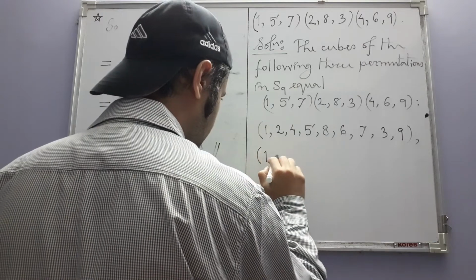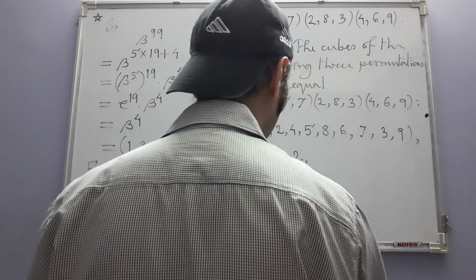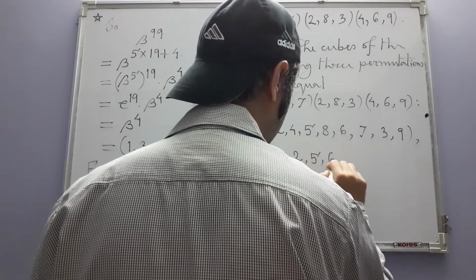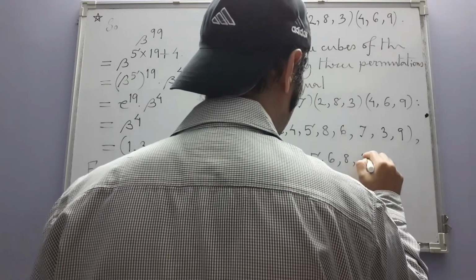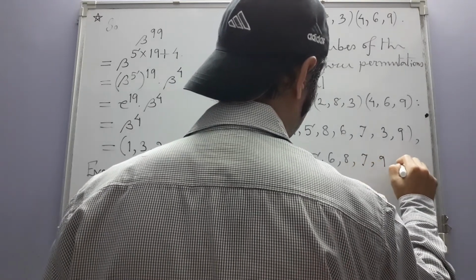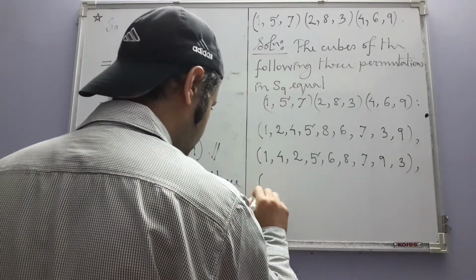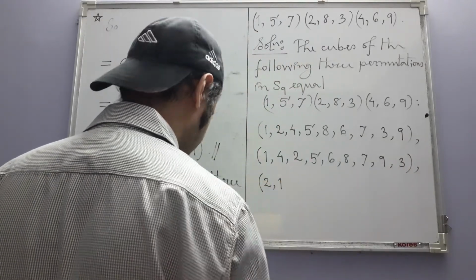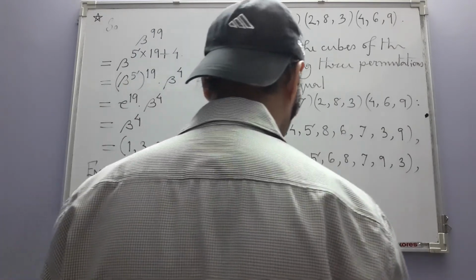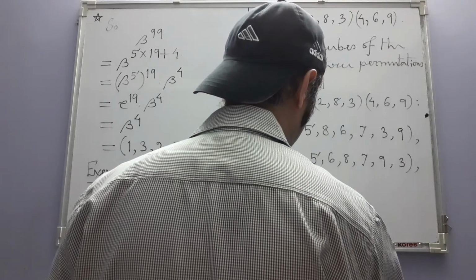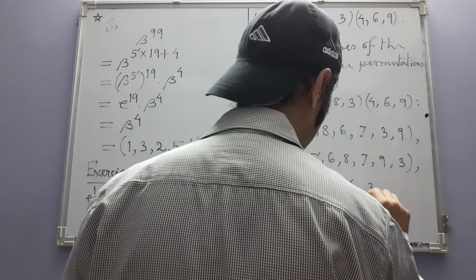Then 1, 4, 2, 5, 6, 8, 7, 9, 3. And one more, 2, 1, 4, 8, 5, 6, 3, 7, 9.